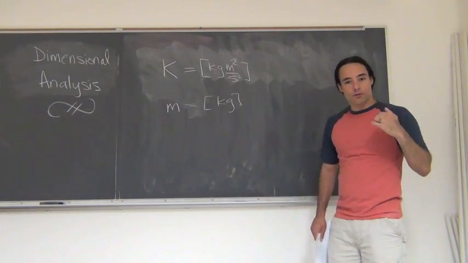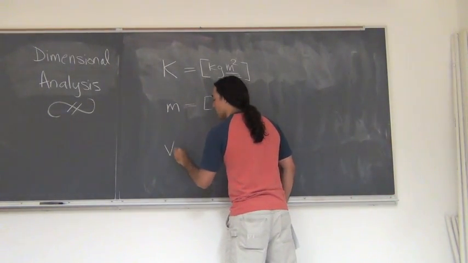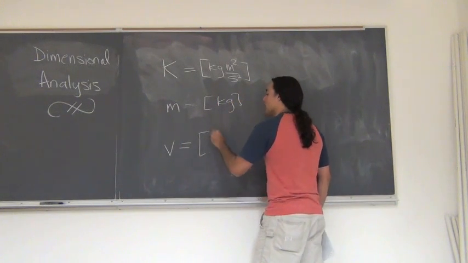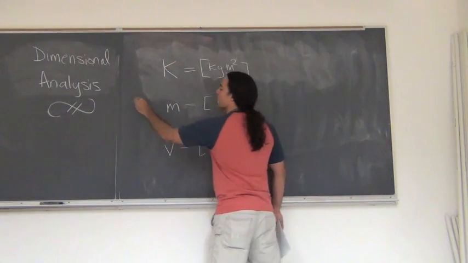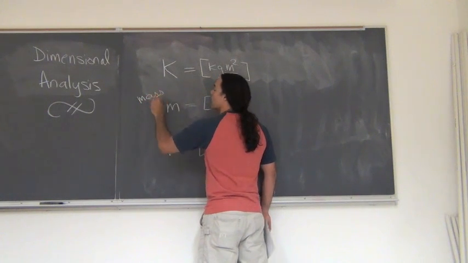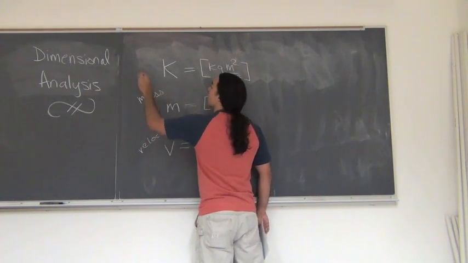And let's say you also suspect it depends on how fast an object is moving. We know that the speed or velocity is measured in meters per second. So we've got our mass, our velocity, we've got kinetic energy.